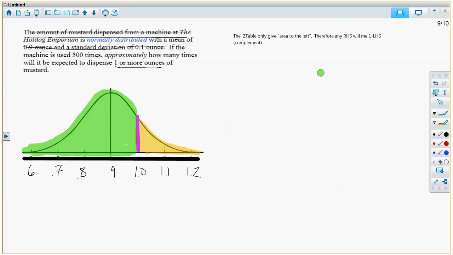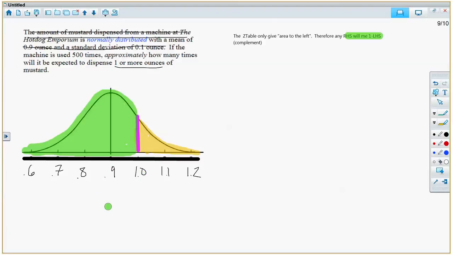And in order to get the right-hand side, it is equal to 1 minus what? The left-hand side. Because the area under the whole curve is equal to 1. That's where the 1 comes from. So what do we got to do? Well, first of all, we got to change this to a z-score because we don't have it as a z-score.